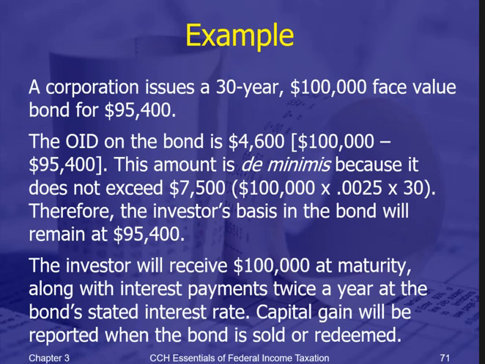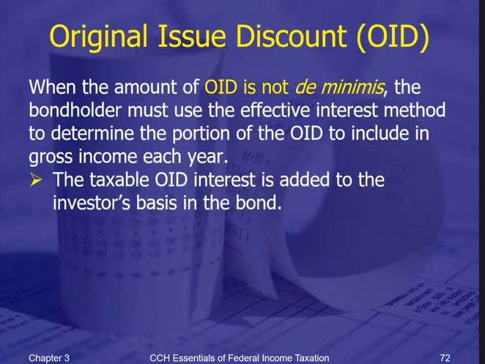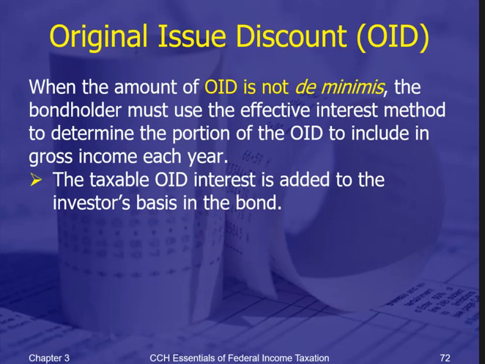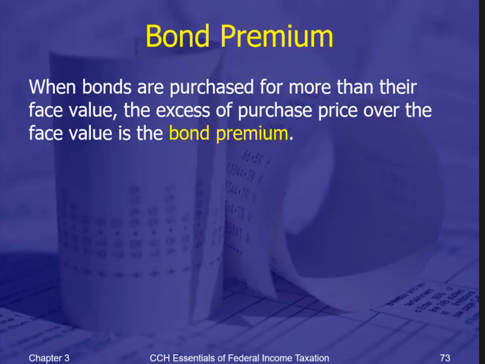So you would record in your records that you bought it for $95,400. When you get $100,000 at the end of 30 years, that difference, that $4,600, would be capital gain when you redeem it at the end. If it's not de minimis, then you must add it to your income each year.